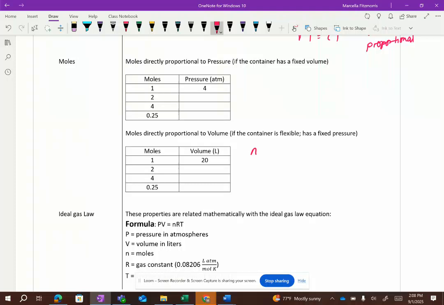If moles goes up, the pressure also goes up. The equation for this is P1 over N1 equals P2 over N2, where N is moles. And for volume, V1 over N1 equals V2 over N2. These are also directly proportional.